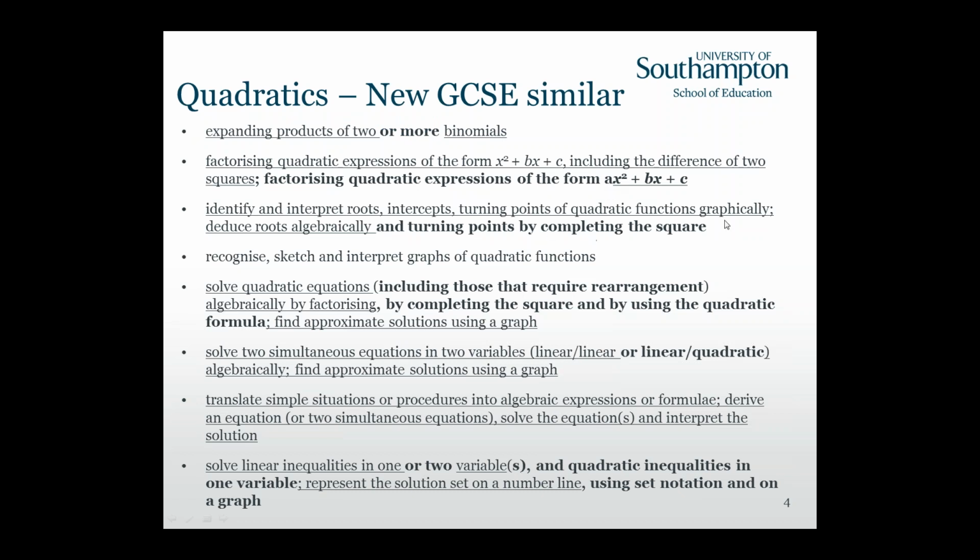Thinking about what is happening graphically, and it does say finding turning points by completing the square, so just the same as AS. And I do remember doing completing the square at GCSE, but then it seems to sort of drop out of sight for quite a lot, well, for the last 20 years.